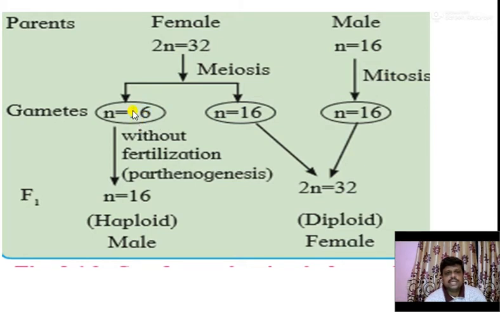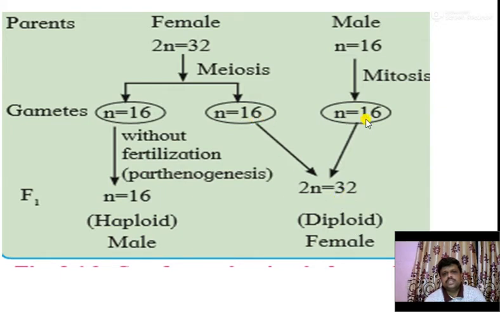When this egg remains as it is without fertilization, this process is called parthenogenesis. It remains as it is, so this will develop into the haploid male. This will definitely be a haploid male, and when this egg fuses with the sperm, this will develop into the diploid female because there are 32 chromosomes.